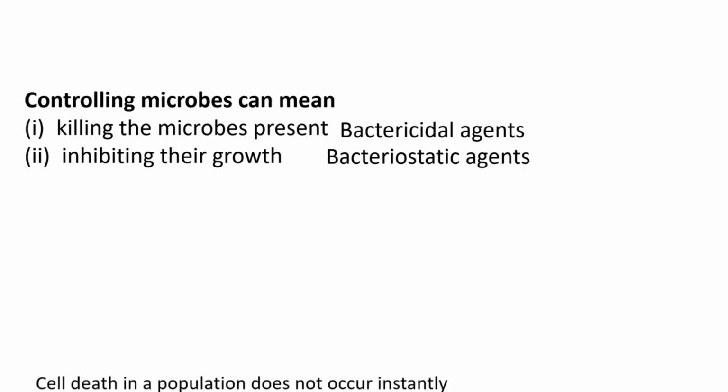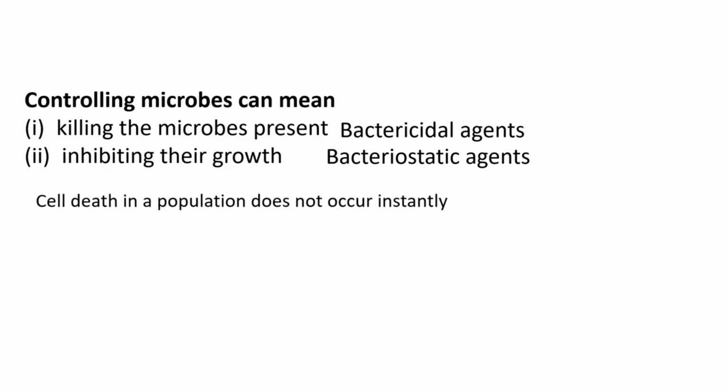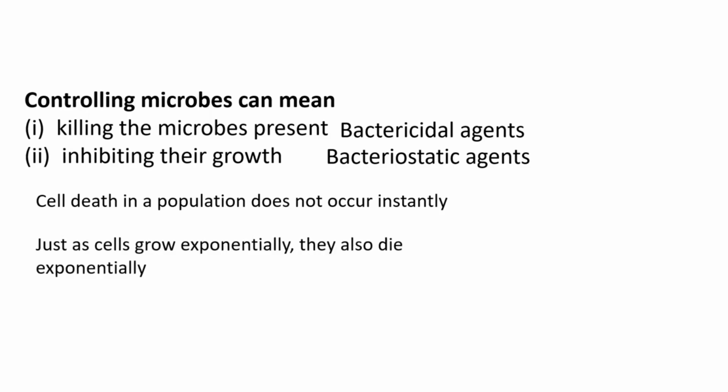But the cell death in a population does not occur instantly. Instead, just as cells grow exponentially, they also die exponentially. Whatever treatment the bacteria are subjected to, they die at an exponential rate.